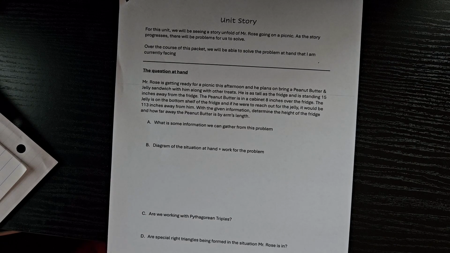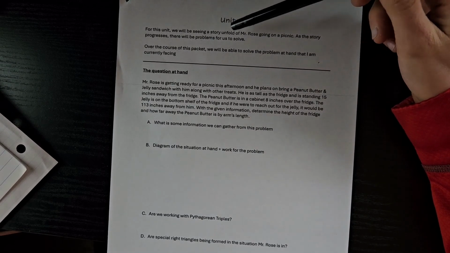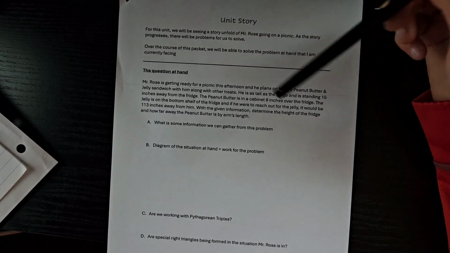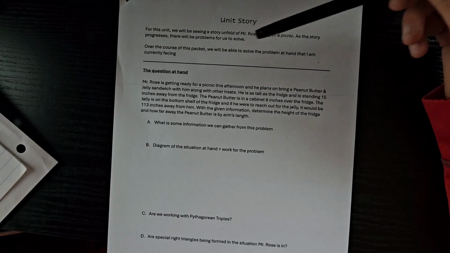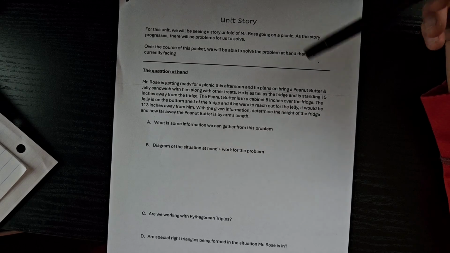And this story will unfold as we go out through this whole unit, so pretty much the rest of March. Now, going through this unit, we'll be seeing a story unfold of Mr. Rose going on a picnic. As the story progresses, there will be problems for us to solve. Over the course of the packet, we'll be able to solve the problem at hand that I am currently facing.